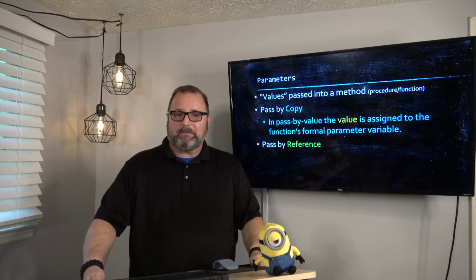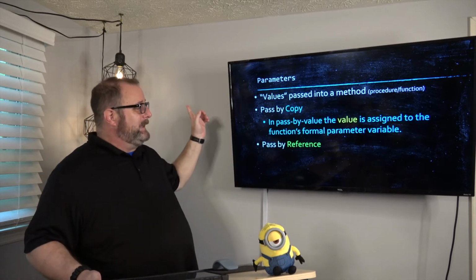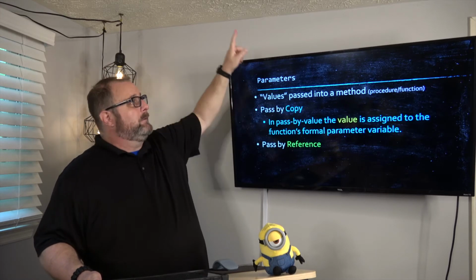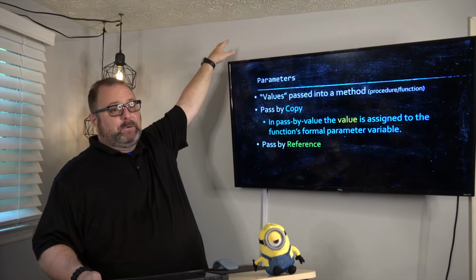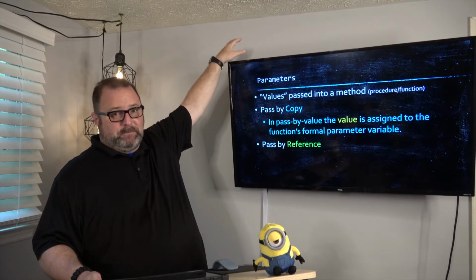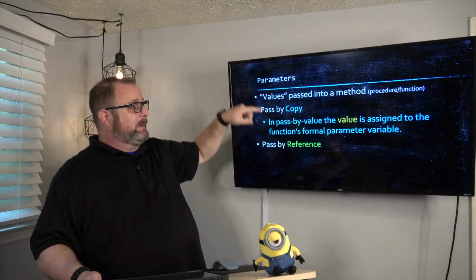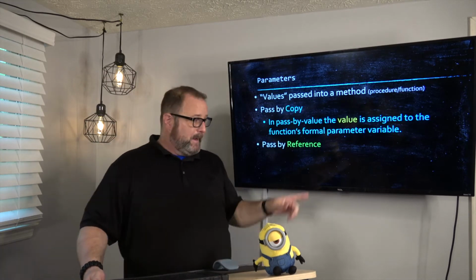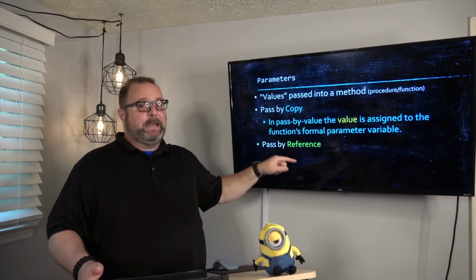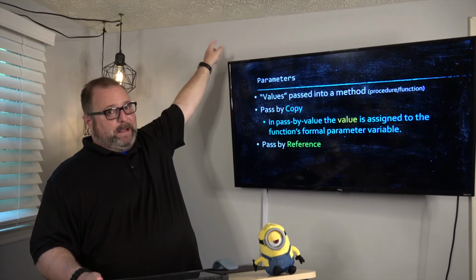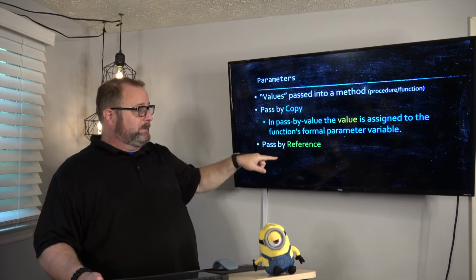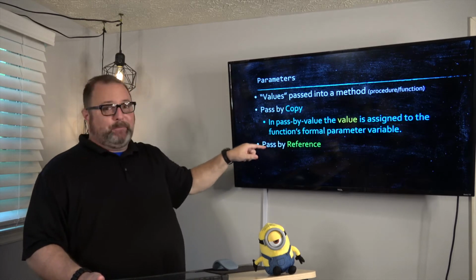Now pass by reference means I'm passing in the memory location of that variable where you can go get the value on your own. Okay, so I'm giving literally memory access to that variable. So now if I change it in here, it is going to change the outside variable. Okay, because I'm literally looking at the same point of memory.